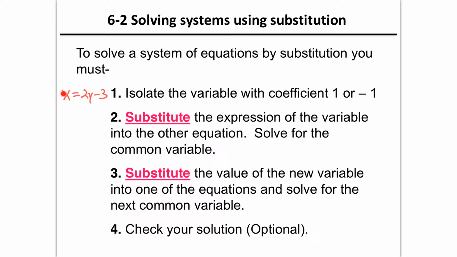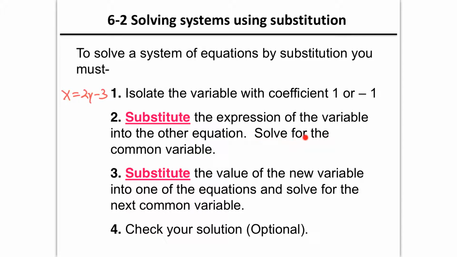Notice this variable has a coefficient of 1 and it's by itself, and x equals all of this right here. So step number 2, when it says substitute the expression of the variable into the other equation, that means that you guys will take this and substitute into the second equation. And in the example I'll show you guys how to do that.